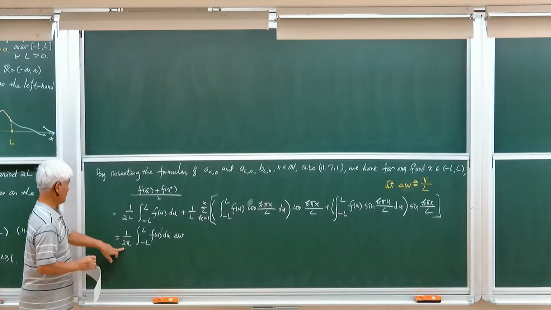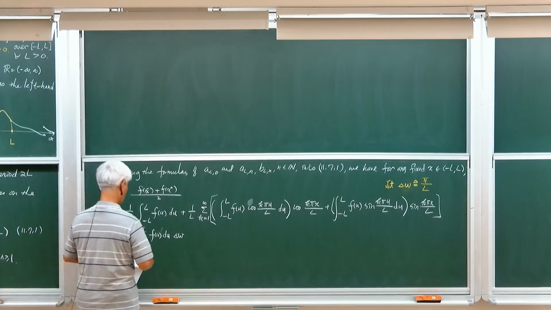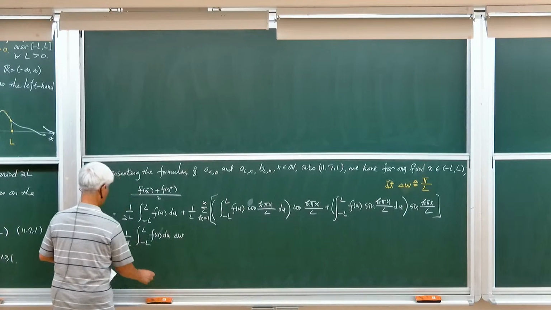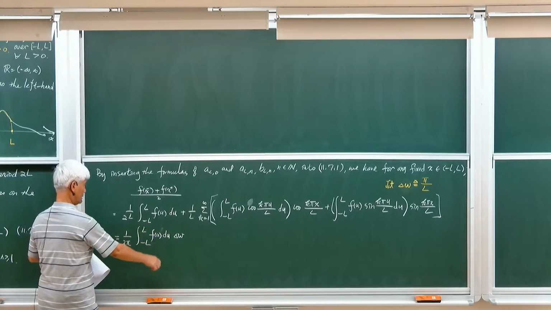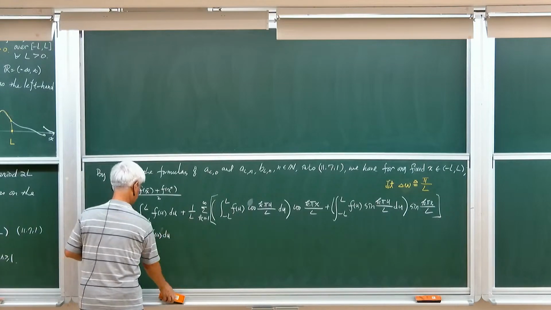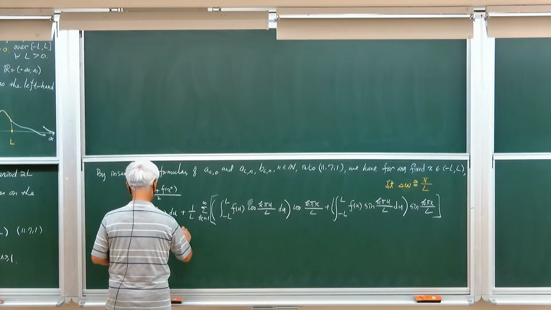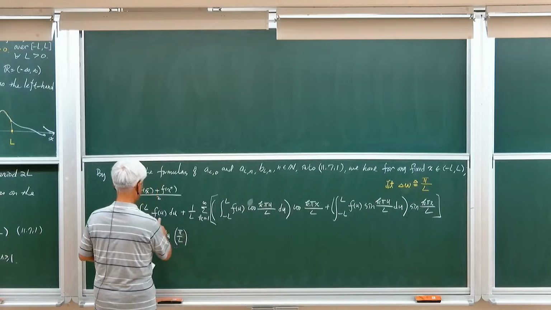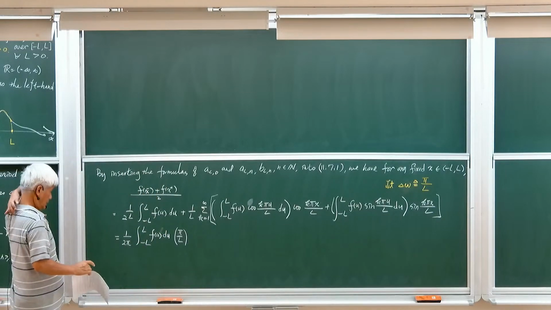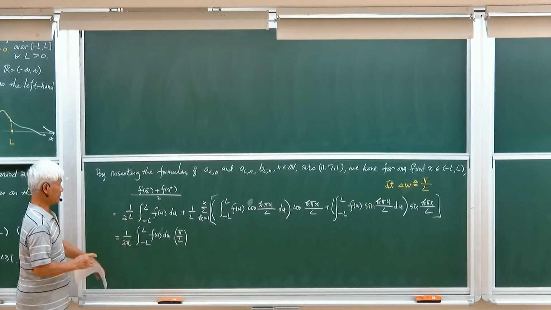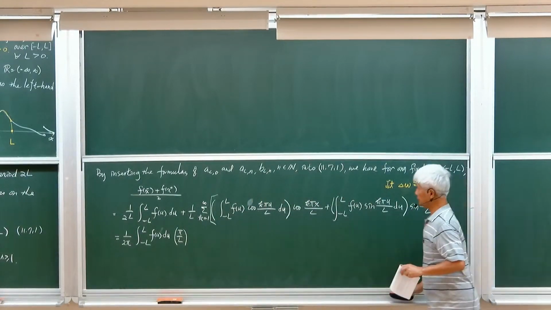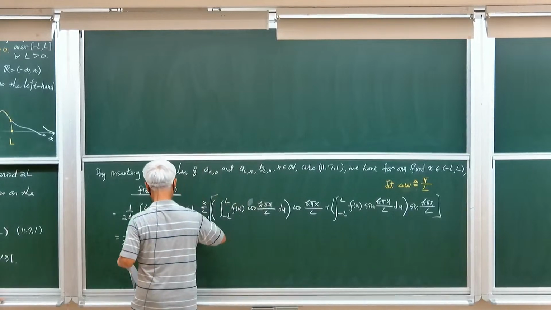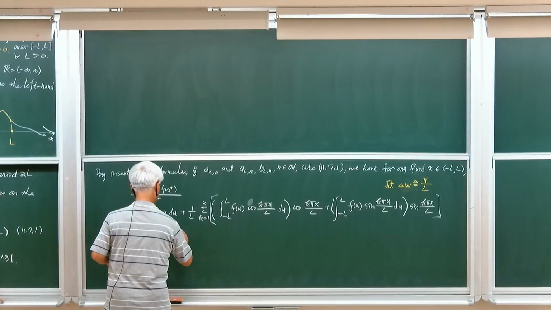Because this is pi divided by L, by this substitution this becomes delta omega.